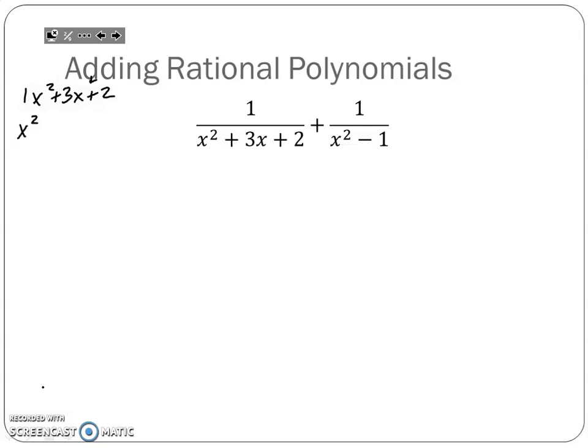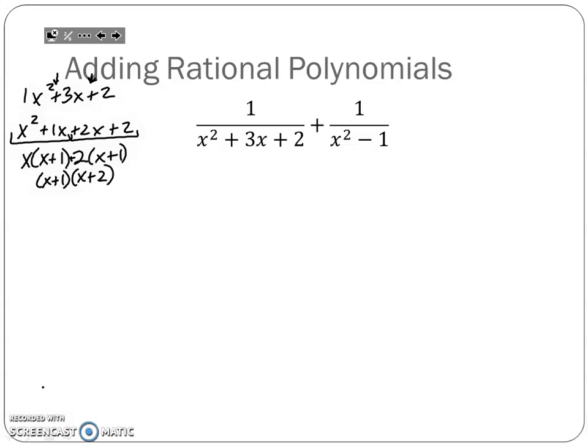So I've got x squared plus 1x plus 2x plus 2. I know they're both plus signs because the signs have to be the same. I can pull out an x, and I'm left with x plus 1. I can pull out a positive 2, and I'm left with x plus 1. So this factors to x plus 1 times x plus 2.